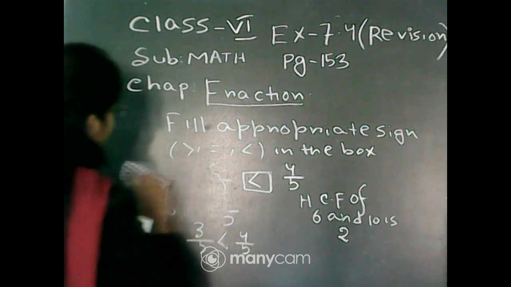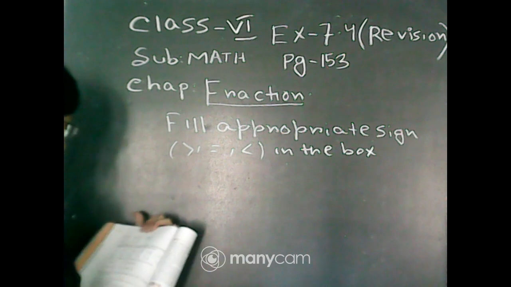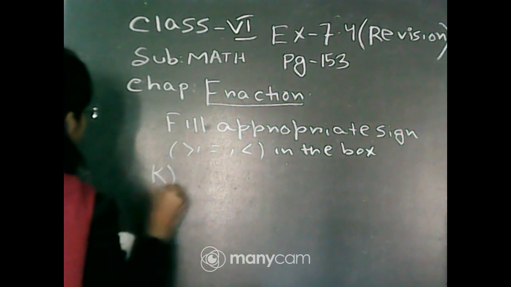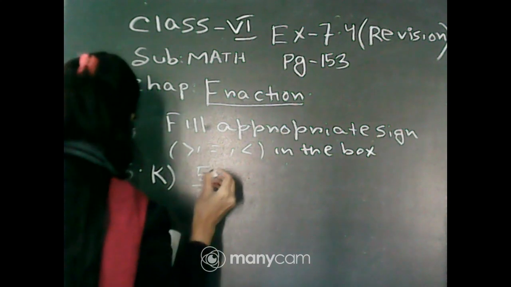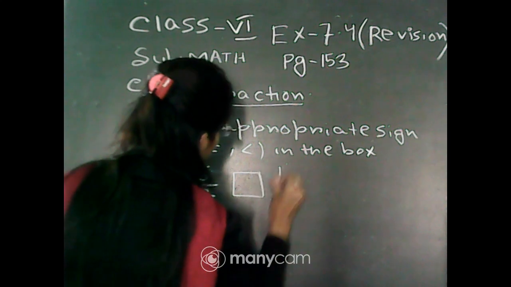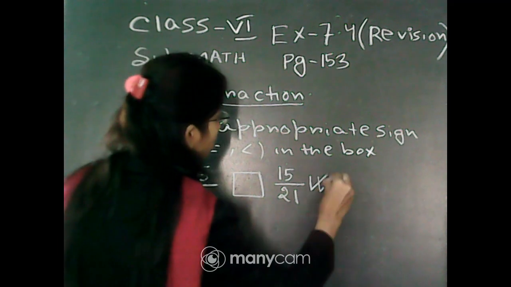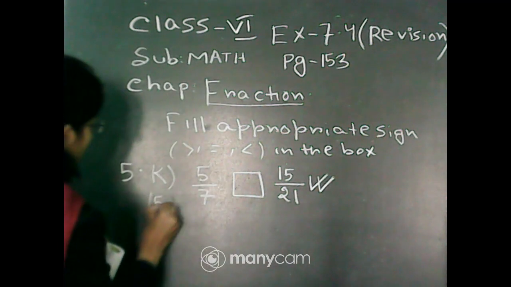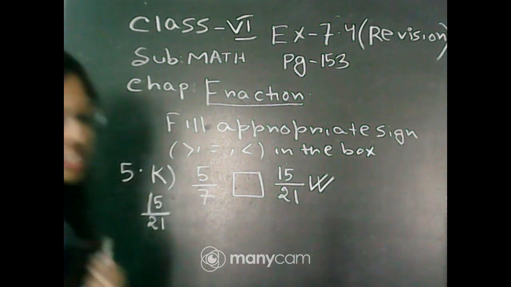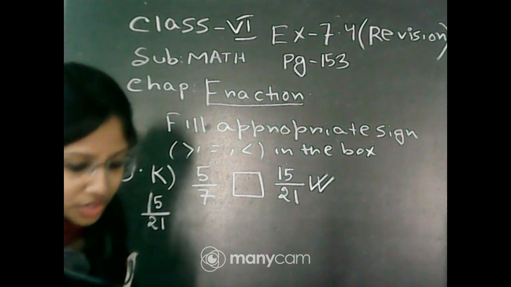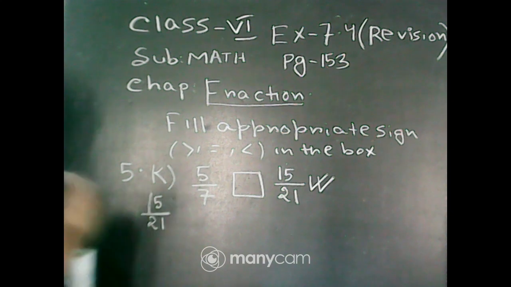And next question is 5K. We convert this fraction into its simplest form. First, we will find the HCF of 15 and 21.